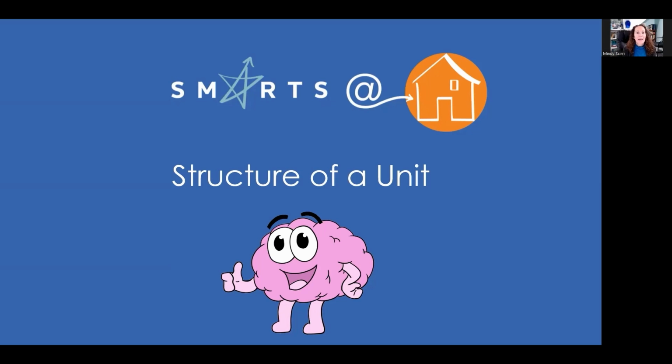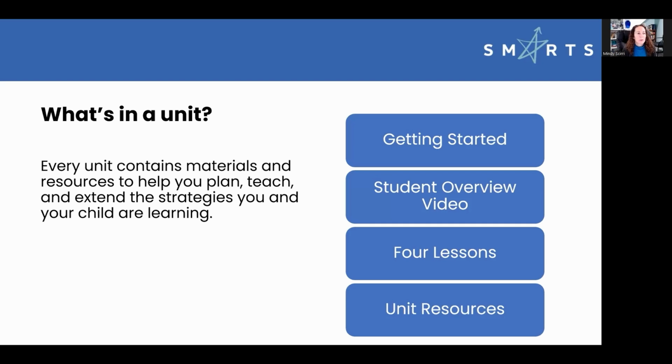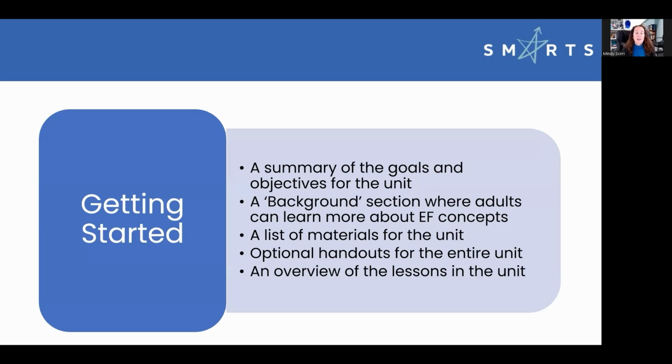Okay, so let's look at a particular unit and what it includes. All units include everything you're going to need to do this program, so all the materials and resources that you're going to need to lead your child through strategy instruction. We're going to look at each of these pieces in turn, getting started.